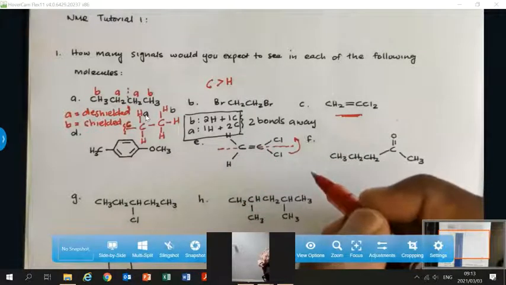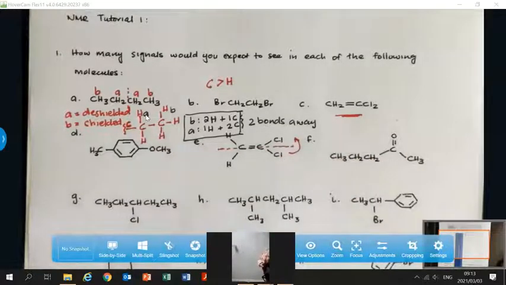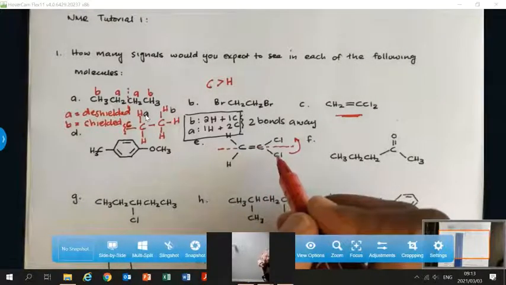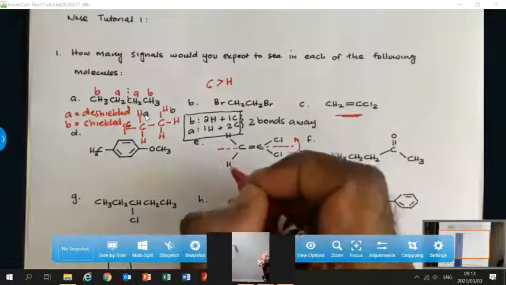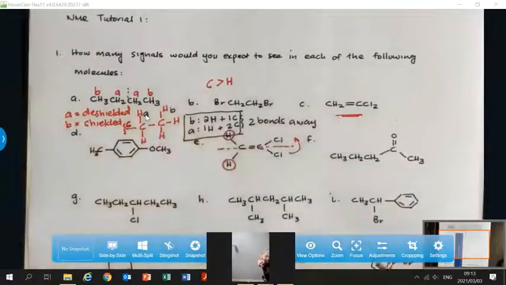I'm only looking at protons. I don't see chlorines in my NMR spectrum, because we're looking at a proton NMR spectrum, right? So if I look at this particular molecule, I will only see one resonance because this proton and that proton are equivalent. I'll just see one resonance. And will the integration in this case matter?